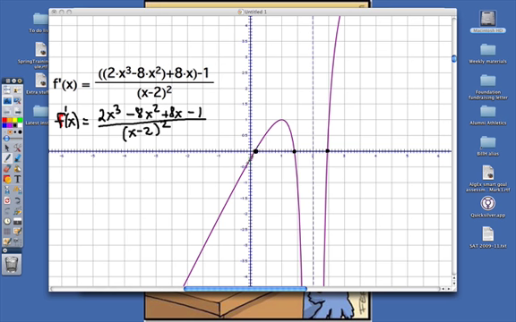Do you notice how the derivative is negative on one side and positive on the other side? What that says to me is that we have a function that is decreasing in this part and increasing in this part because of the sign of the derivative, which means this location at x has to be what? That's right, a minimum.